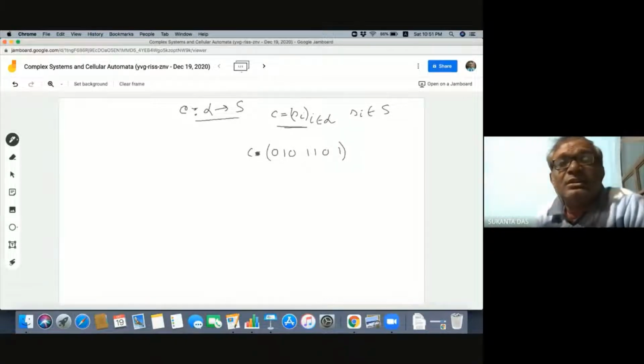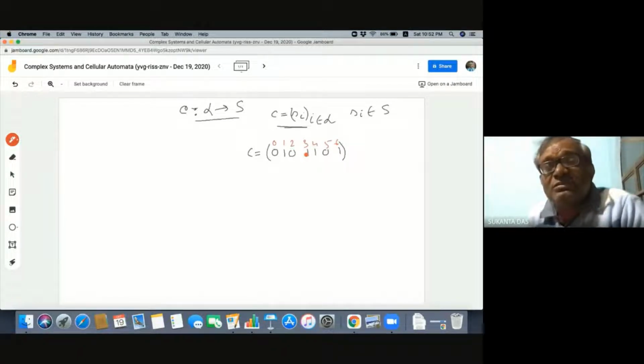So this is cell number 0, cell number 1, cell number 2, cell number 3, 4, 5, 6. Therefore cell number 0 has state 0, cell 1 has state 1, cell 2 has state 0, and so on. We are mainly discussing non-uniform CA, right?